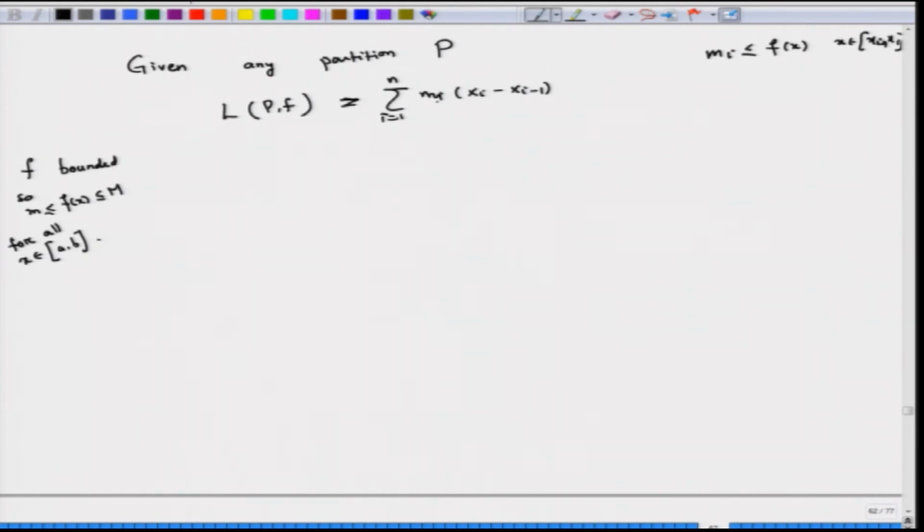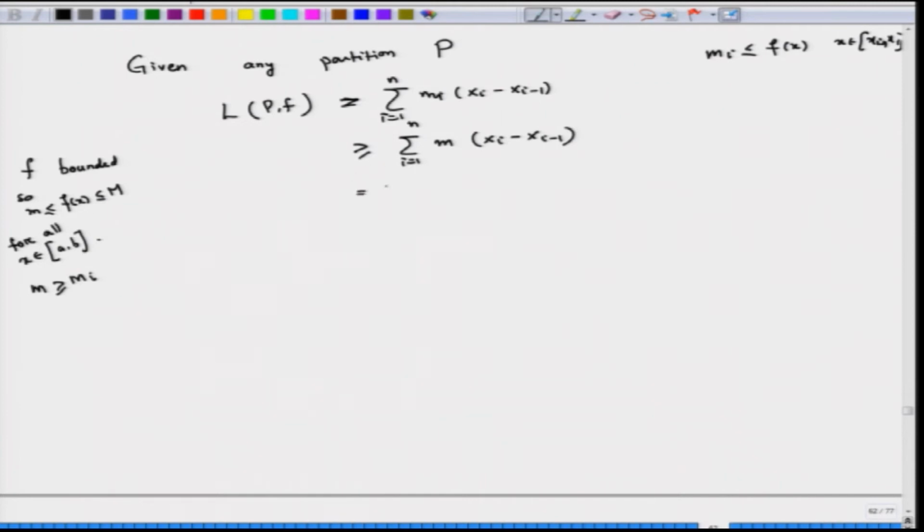Now obviously all these m i's are the infimum of f in a restricted region, the interval x i minus 1 to x i. So this small m, which is the lower bound for f, is definitely greater than or equal to m i. So we can write the summation over i from 1 to n of small m times x i minus x i minus 1, because this is a positive quantity.